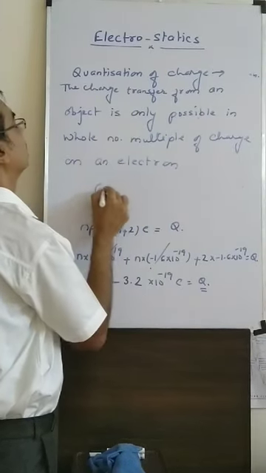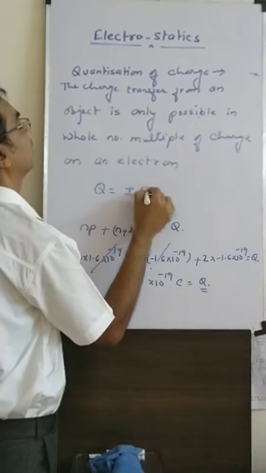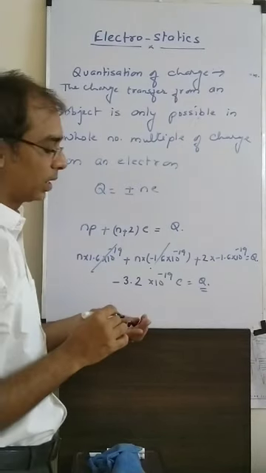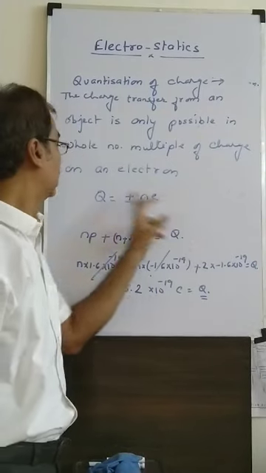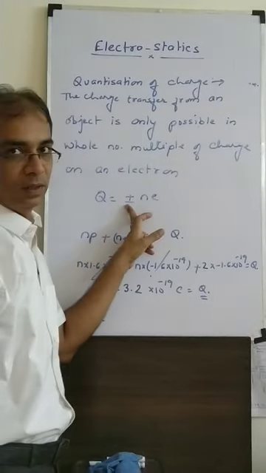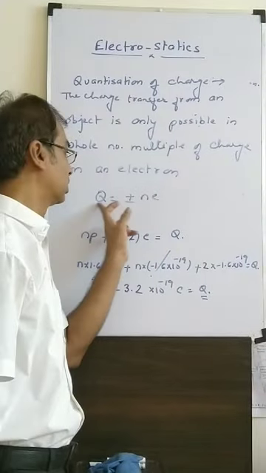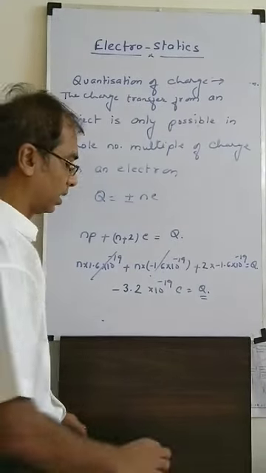Okay, this is written as Q equal to plus minus Ne. Why plus minus Ne? Because when you are taking the electrons outside, the charge becomes positive, and when you are giving the electrons, the charge on an object becomes negative.